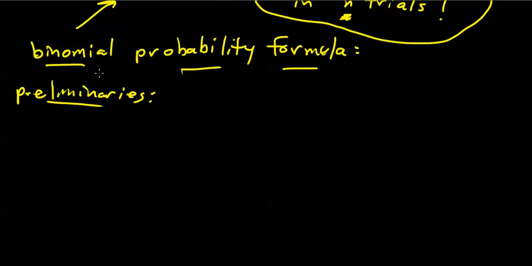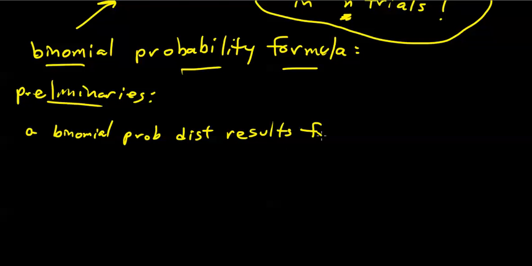Let's talk about what a binomial probability distribution is. Well, if you've got 4 conditions that I'm going to list here, you have a binomial probability distribution or experiment. A binomial probability distribution results from the following four conditions.